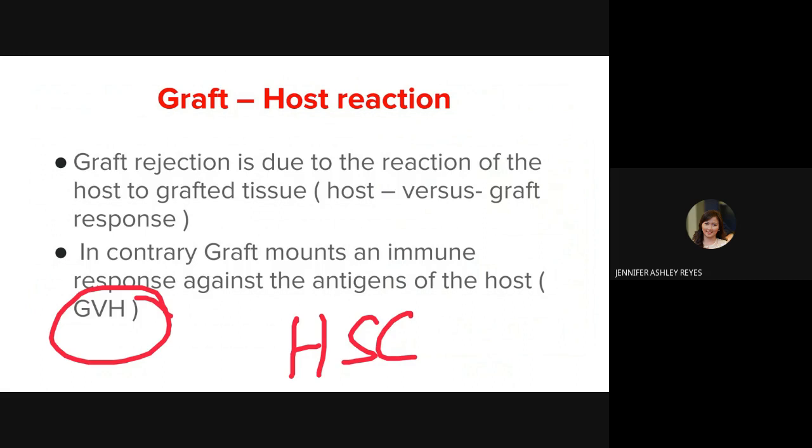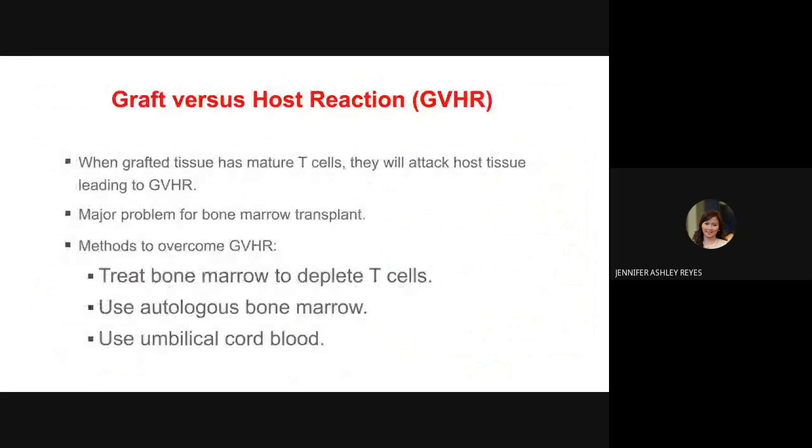So one way to try to minimize this graft versus host disease, yung HSC transplants are done between donor and recipient that are HLA matched using DNA sequence-based methods. So, yun yung idea of the graft versus host reaction.